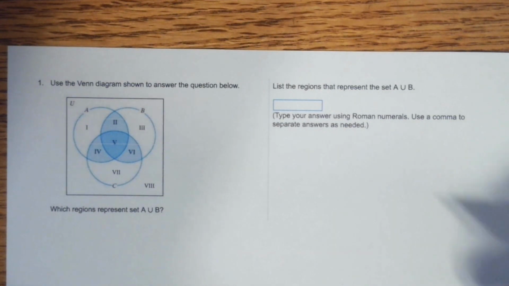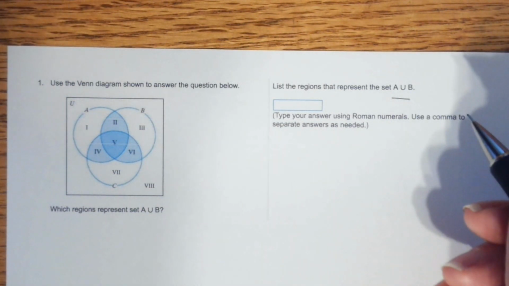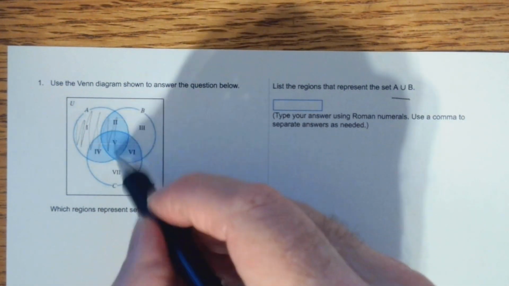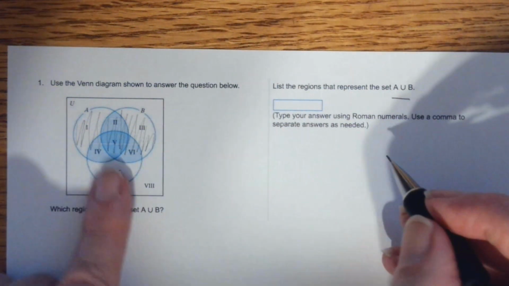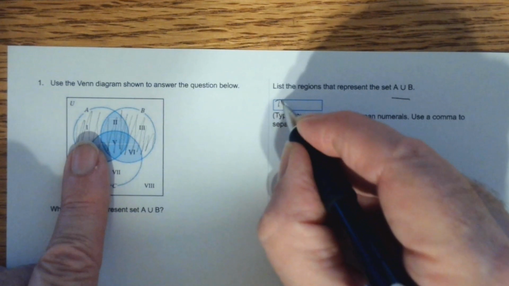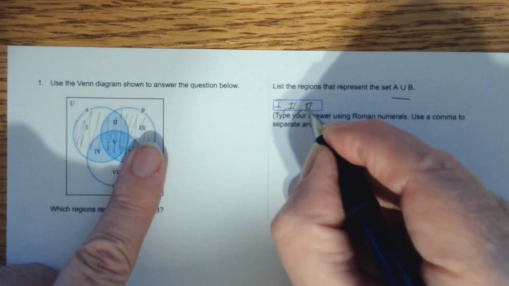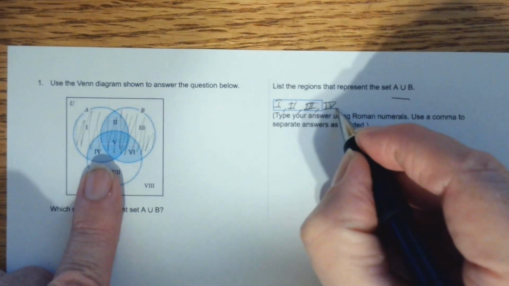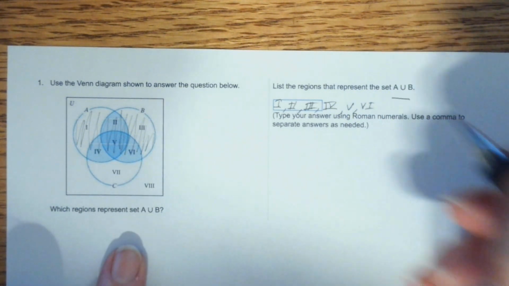List the regions that represent the set A union B. Well, remember, A union B, we take everything in A and combine it with everything in B. And so you have regions 1, 2, 3, 4, 5, and 6.